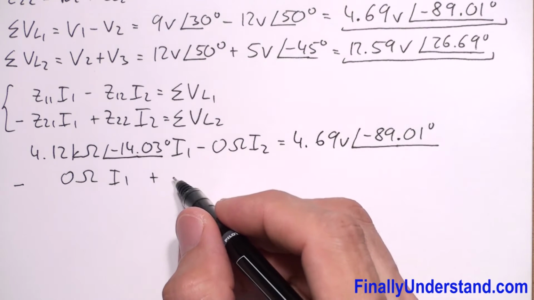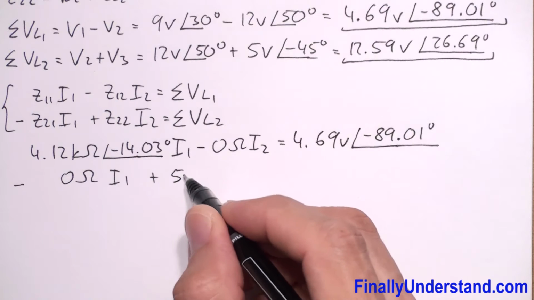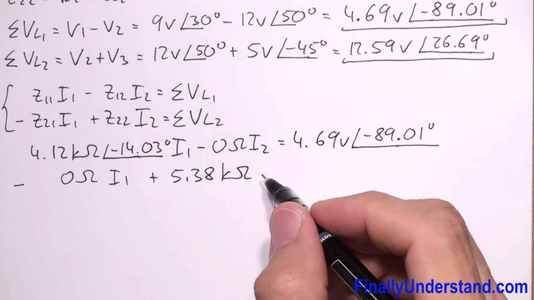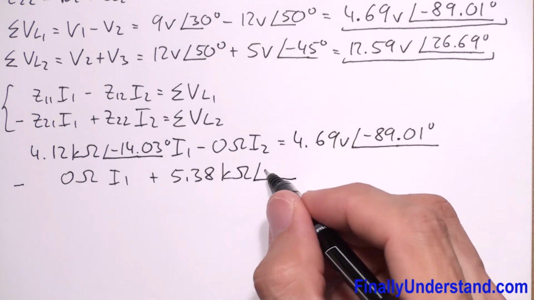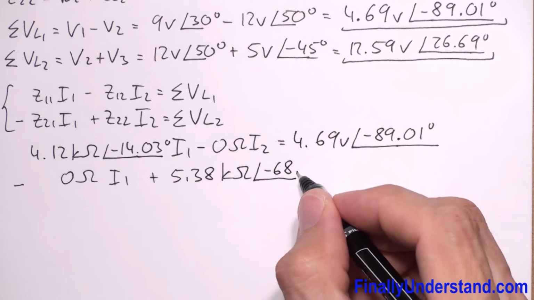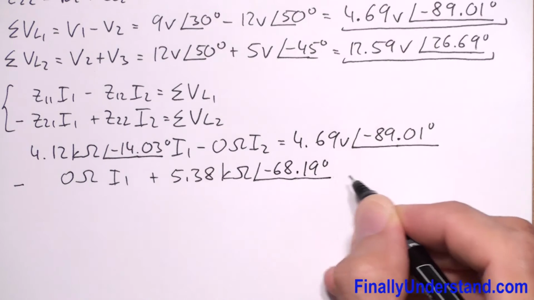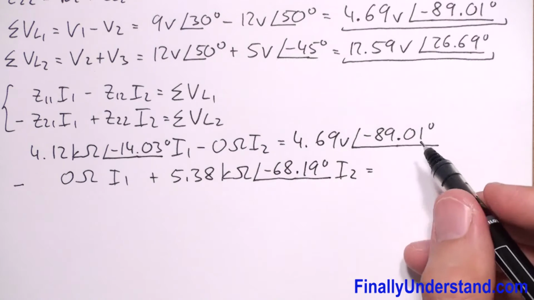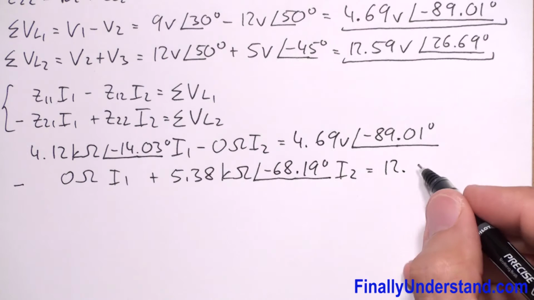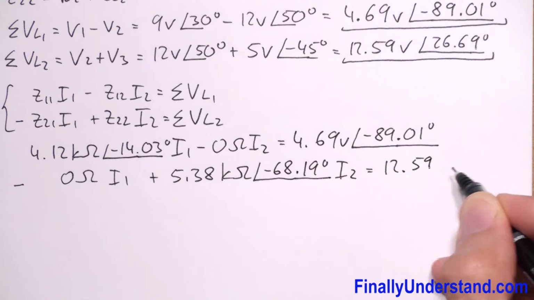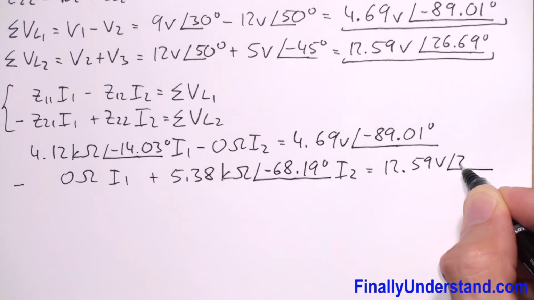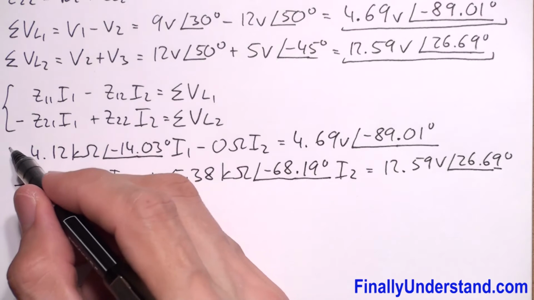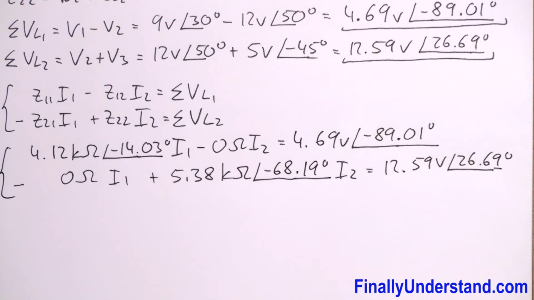So this is 5.38 kiloohms and angle of negative 68.19 degrees I2. Okay, and this is equal to 12.59 volts and angle of 26.69 degrees. Okay, so I got my two mesh equations.